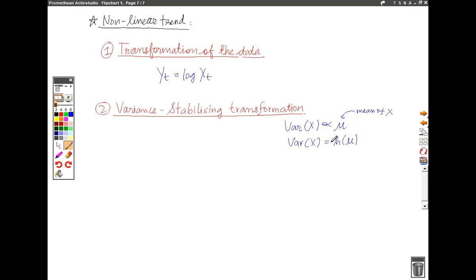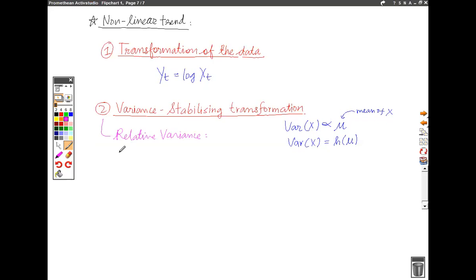There is actually one very nice formula for this. Let me just put the heading. One of the things that you can do is to have a look at the relative variance. So maybe the first example is relative variance. Now what do I mean by relative variance?